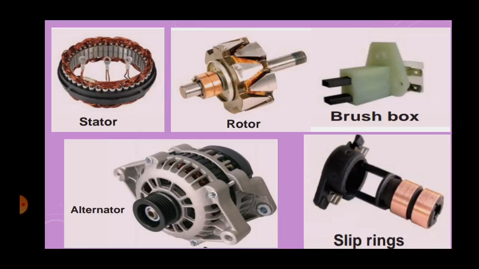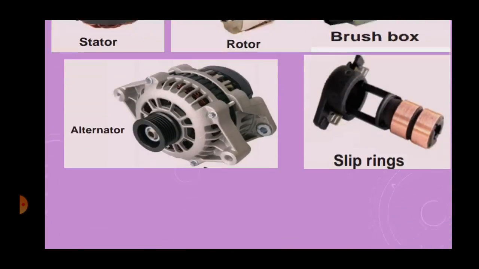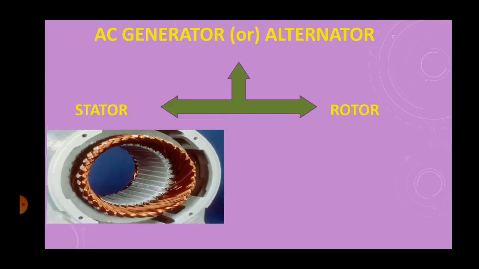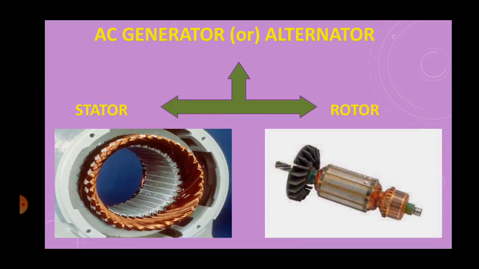Now we are going to see the construction of the AC generator. There are two main parts of the AC generator, one is the stator and the other is the rotor. In detail regarding the stator, we have a metal frame.